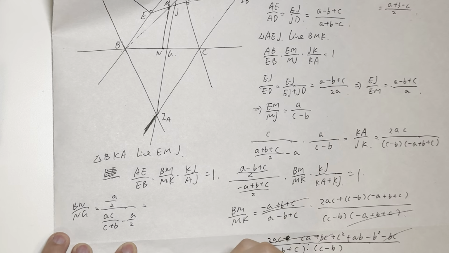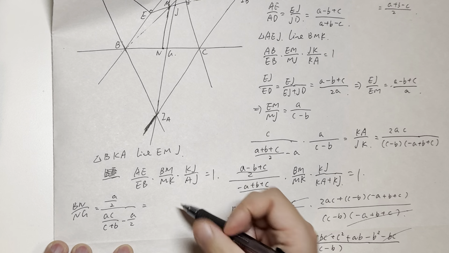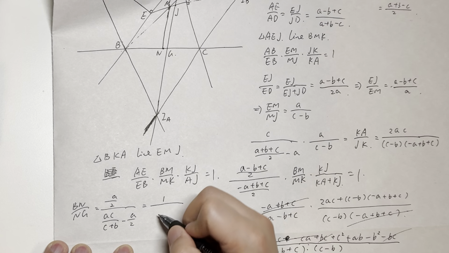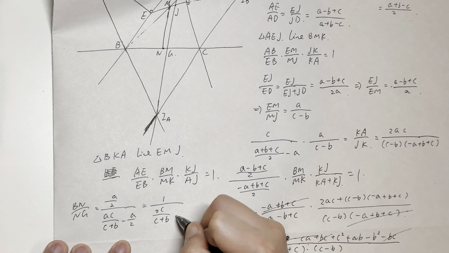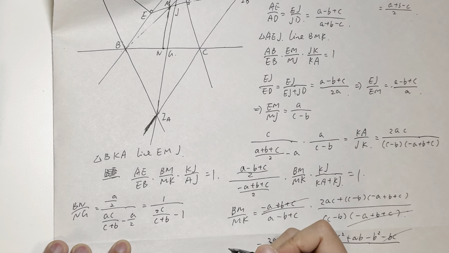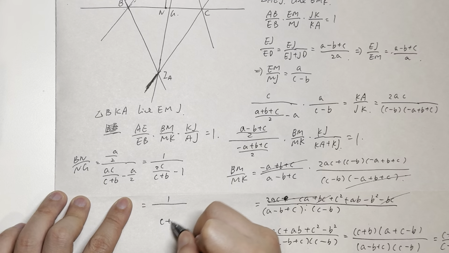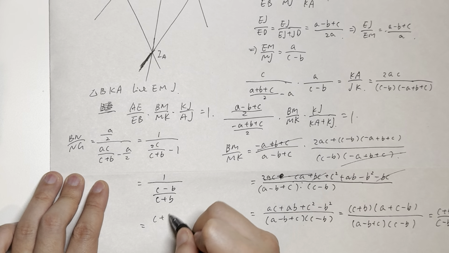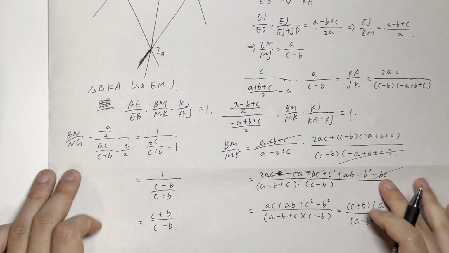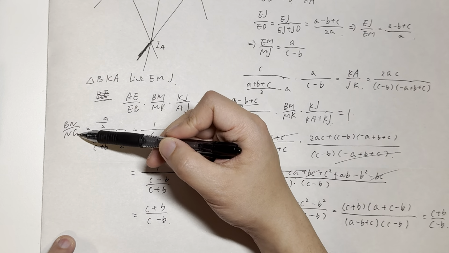So it equals 2. We just divide this by half A, so 1, 2, 2C, C plus B minus 1, right? It equals 2, 1, 2, C minus B to C plus B, which equals C plus B to C minus B, right? That is BN to NG.